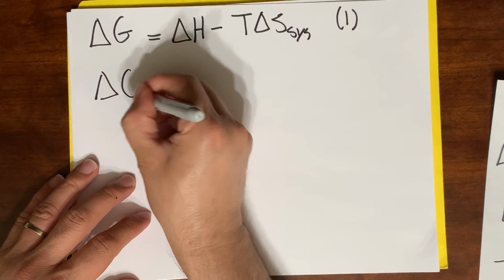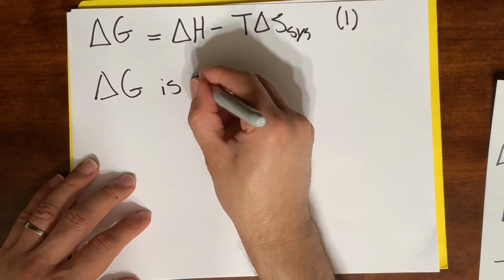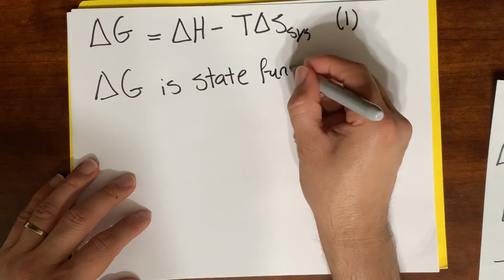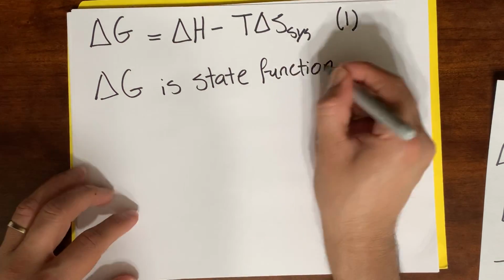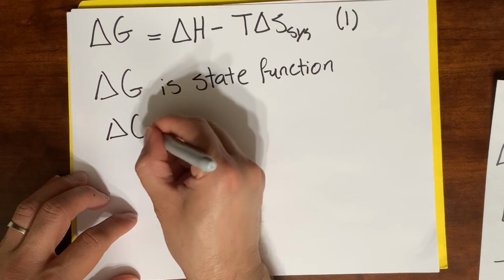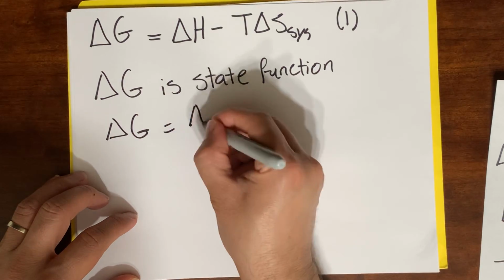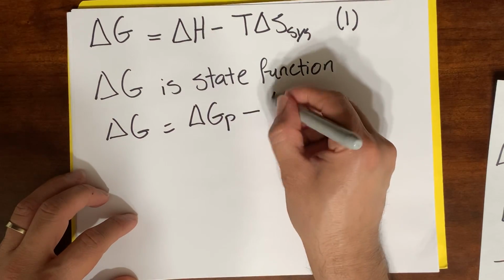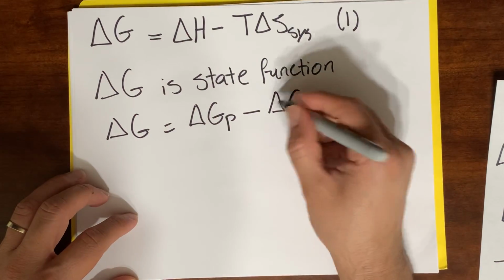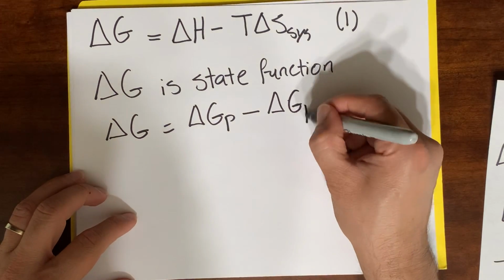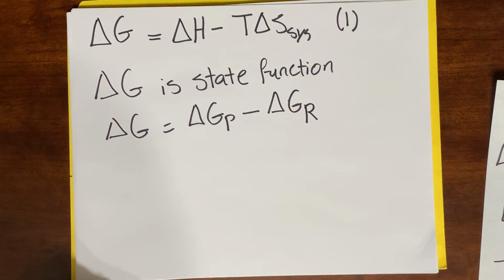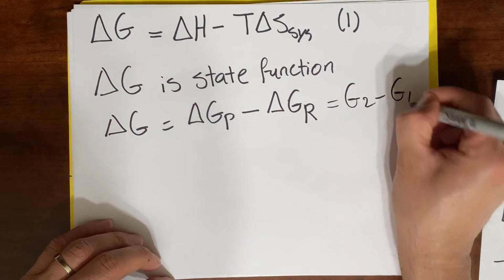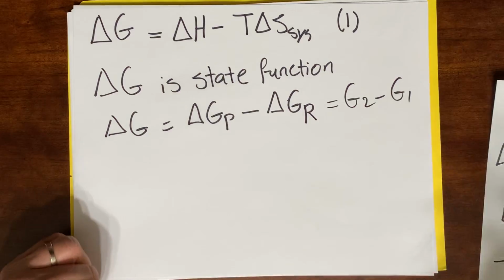Delta G is a state function. That means you can write delta G as change in Gibbs free energy of the product minus change in Gibbs free energy of the reactant, or G2 minus G1, final minus initial.